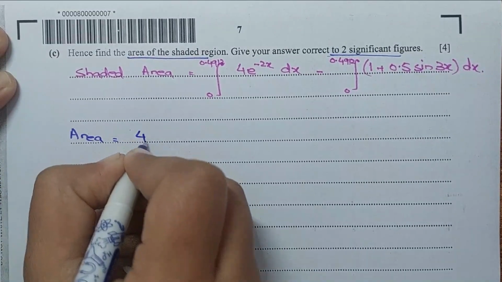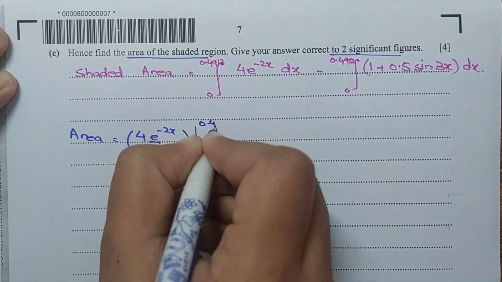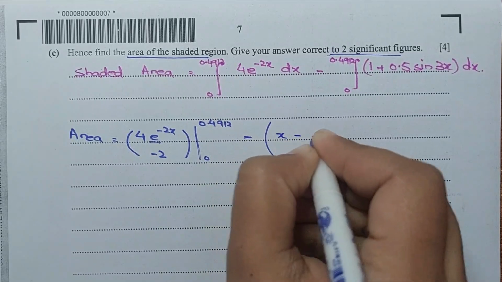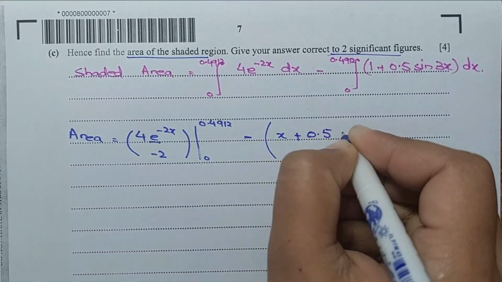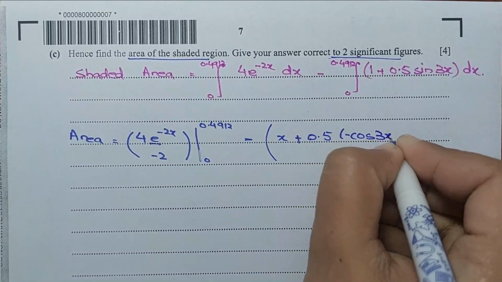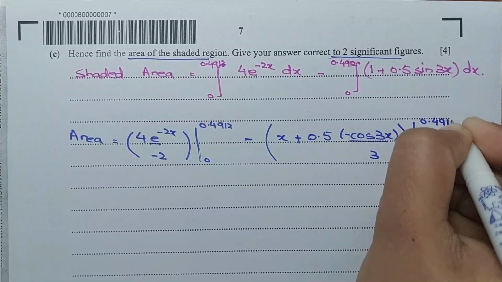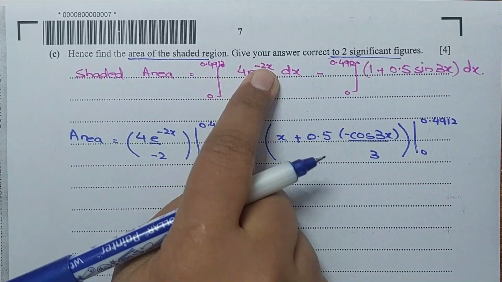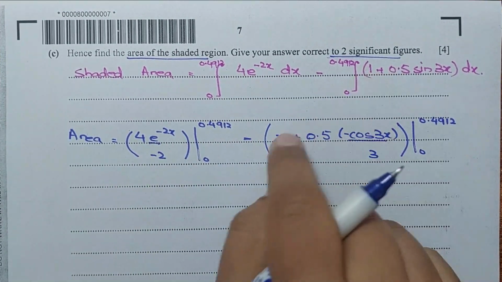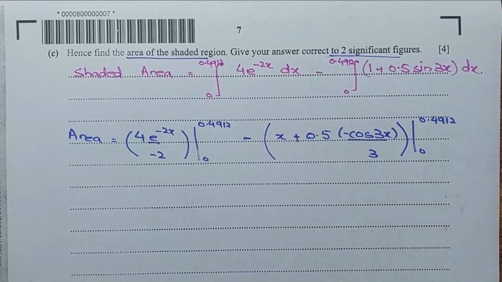The area becomes 4 e to the power minus 2x divided by minus 2, from 0 to 0.4912, minus the integration of the second term: the integral of 1 is x, 0.5 is a constant, and the integral of sine is minus cos 3x, divided by 3 from the derivative of 3x, from 0 to 0.4912.